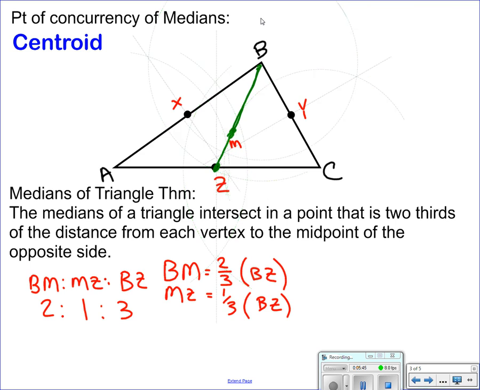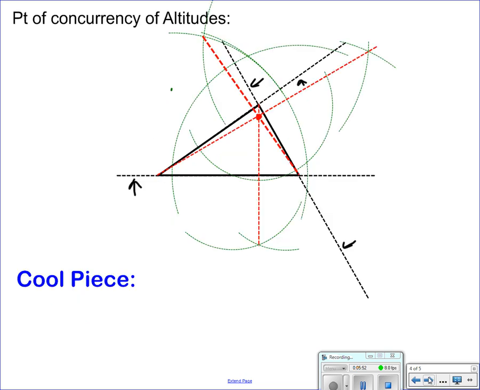So let me show you guys what that looks like. So M would be our centroid. Here, the concurrency of the altitudes is the orthocenter. So that's the orthocenter.